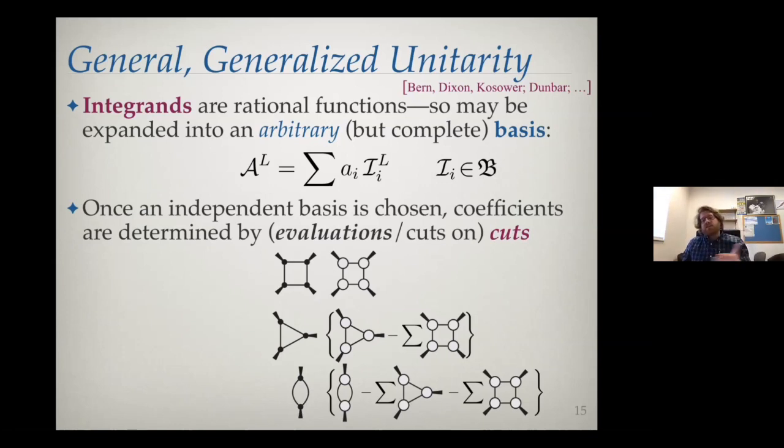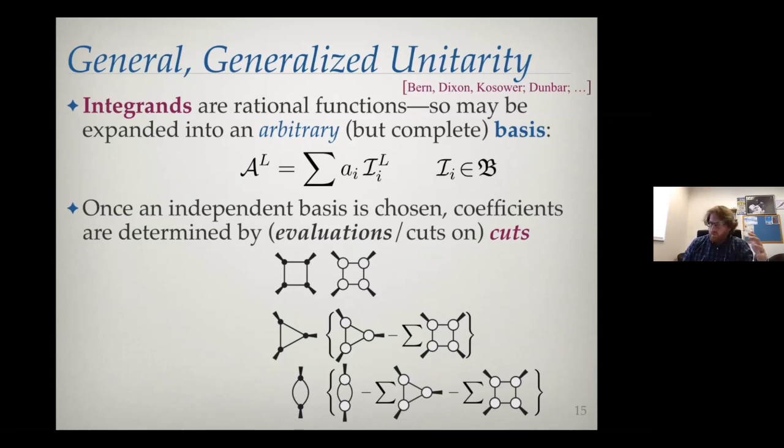Now, this is a triangular system. And it's not very hard to compute these things. It doesn't require a lot of linear algebra to just subtract a bunch of parent topologies that contribute to a given integral.